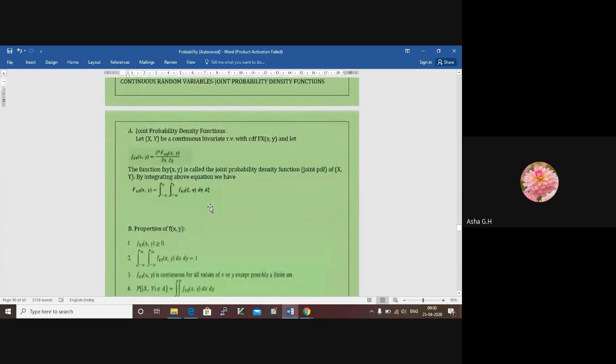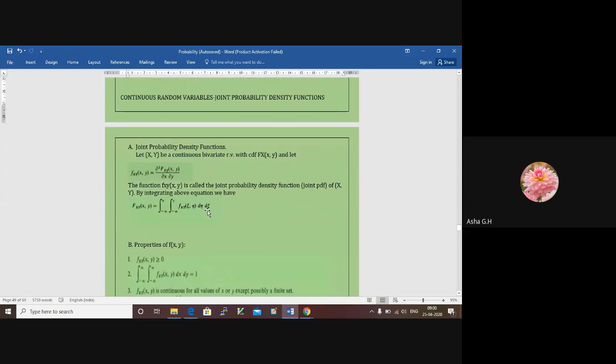Okay, we'll move to the next title. The next title is a discussion of all these functions for continuous random variables. For a bivariate random variable x and y, the cumulative distribution function is capital F. If I want to find the probability density function, small f, we just differentiate.